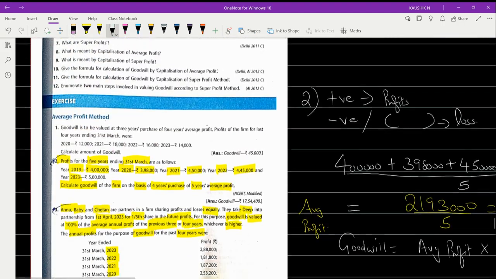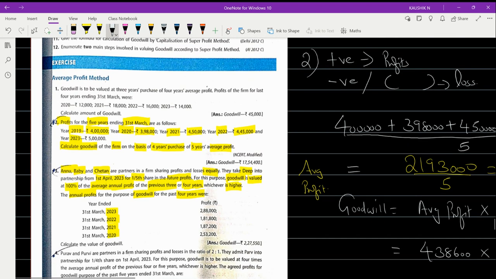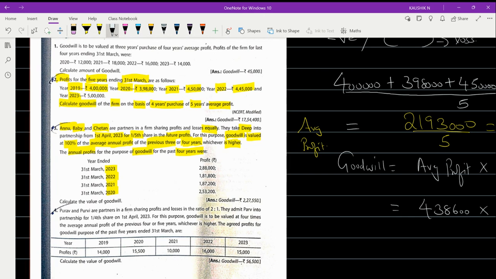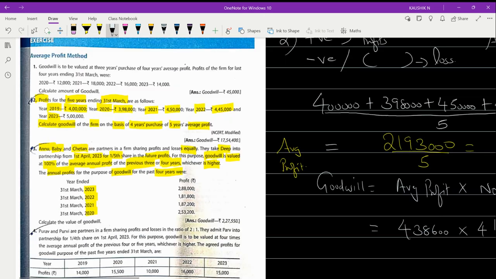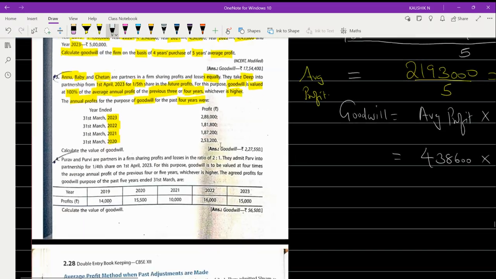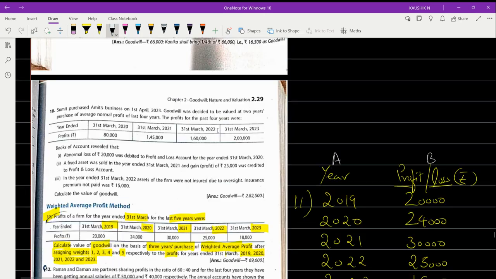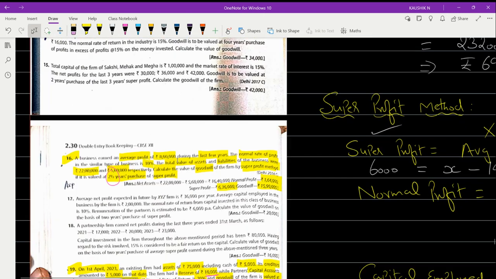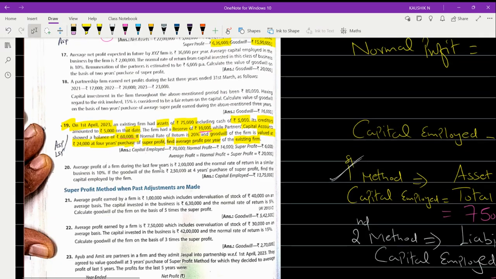Okay, so now if you see how many problems we have discussed today, almost 7 or 8 problems, I think. The second one, third one, then one weighted average problem, the fourth, the super profit problem, the fifth, the sixth, seven problems.